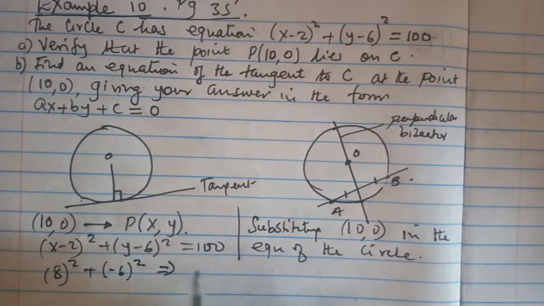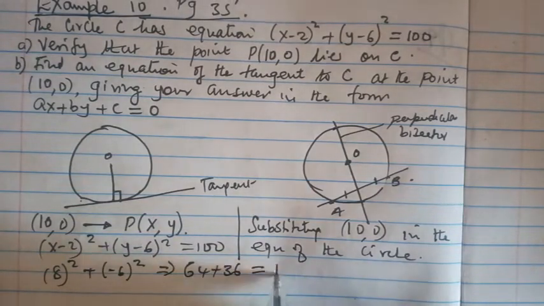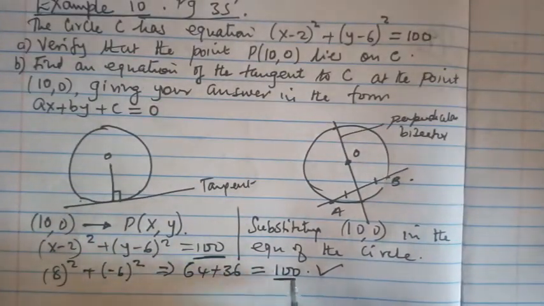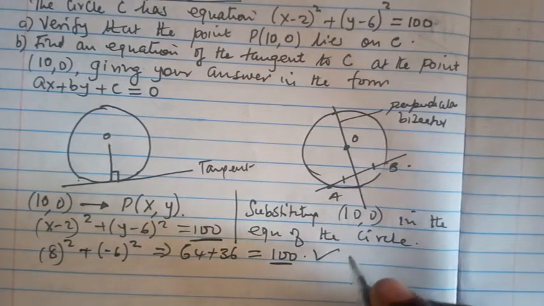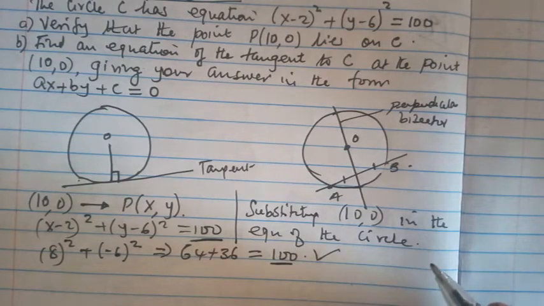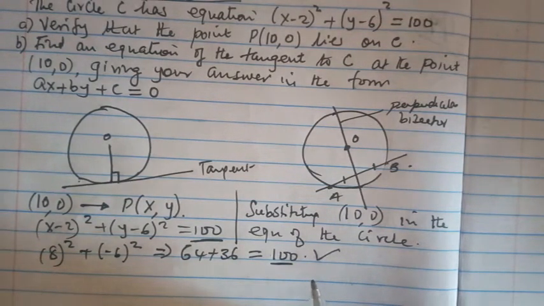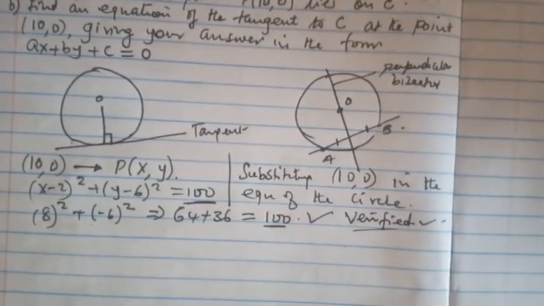We realize that this is 64 plus 36, which is basically 100. Since it agrees with the equation of the circle, this is verified. This tells us that the point 10, 0 lies on the circle.